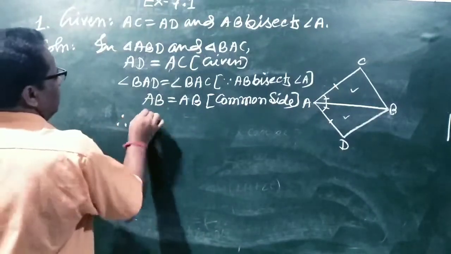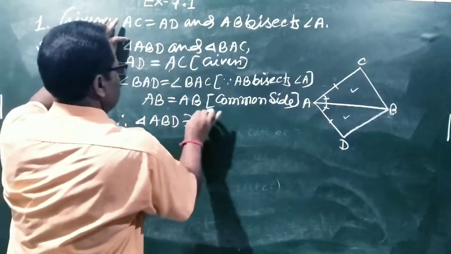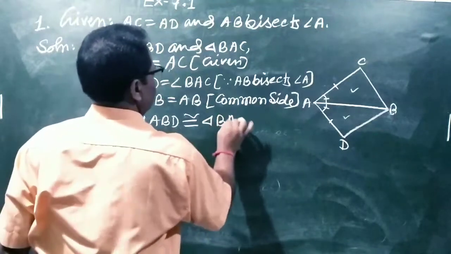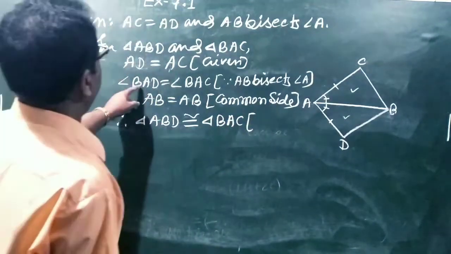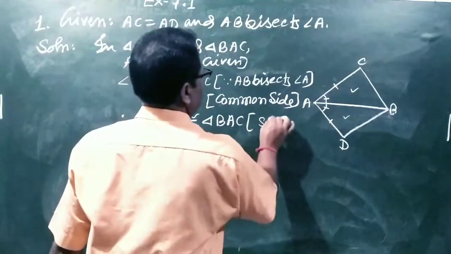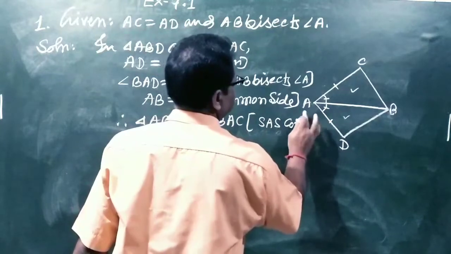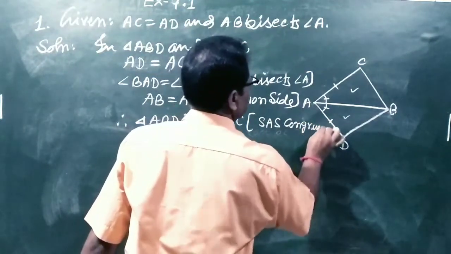Therefore triangle ABD is congruent to triangle BAC under which condition? Two sides, one angle: SAS congruency criteria.